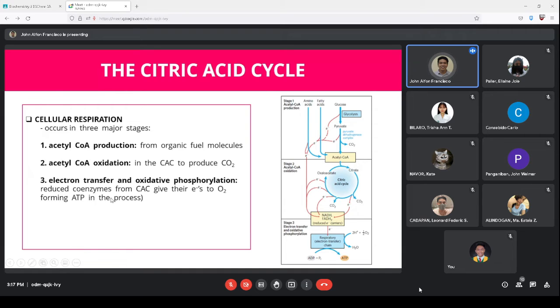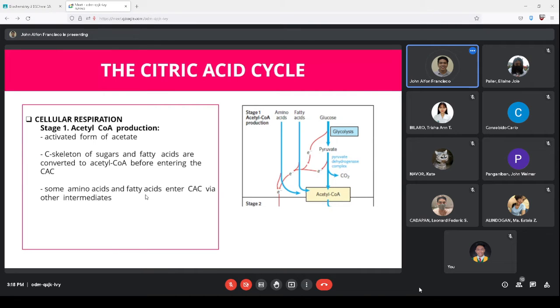These reduced coenzymes from the citric acid cycle give their electrons to oxygen, forming ATP in the process. Right? That is how important cellular respiration is, using oxygen to produce energy.